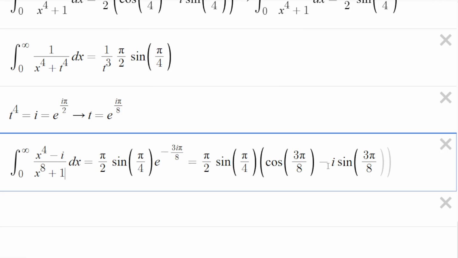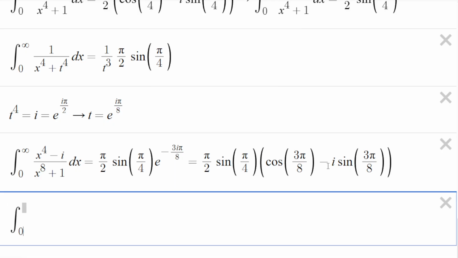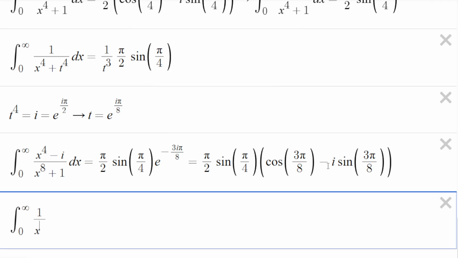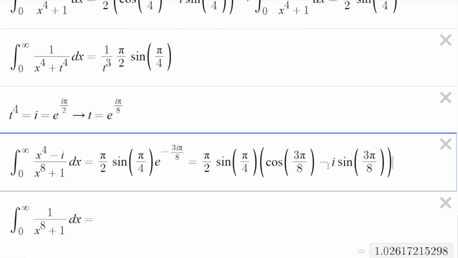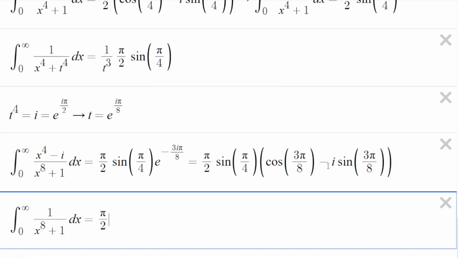And then matching the imaginary parts gives us the integral from 0 to infinity of 1 over x to the eighth plus 1 dx being equal to pi over 2 times sine of pi over 4 times sine of 3 pi over 8.